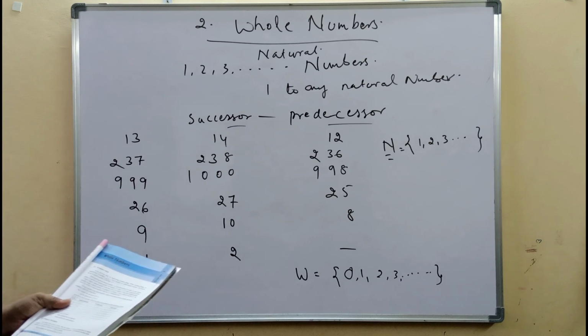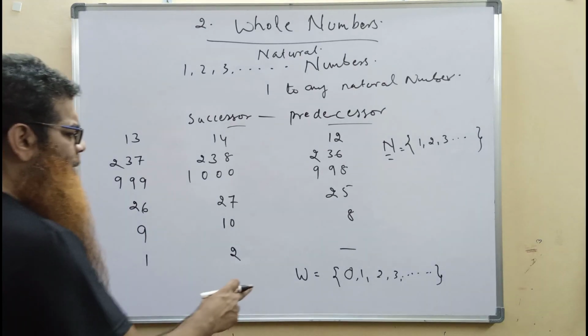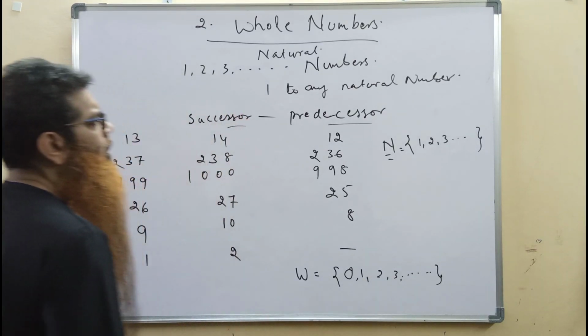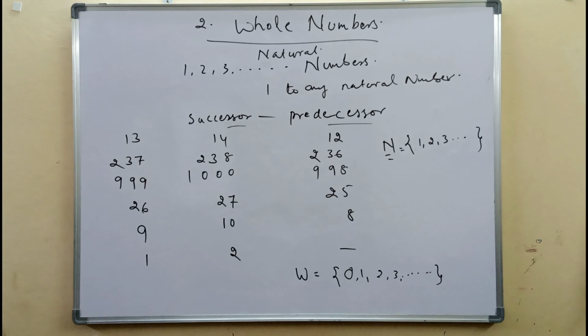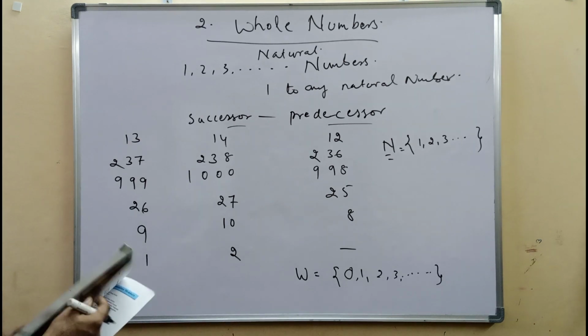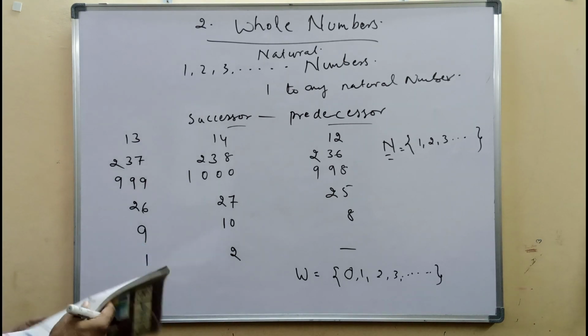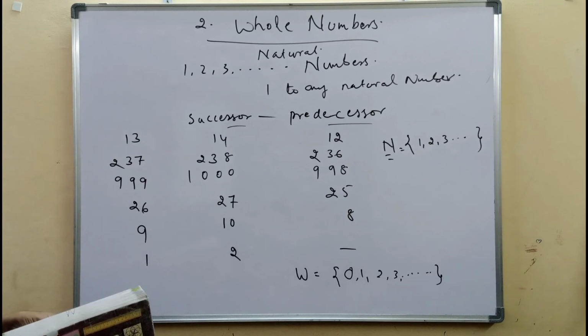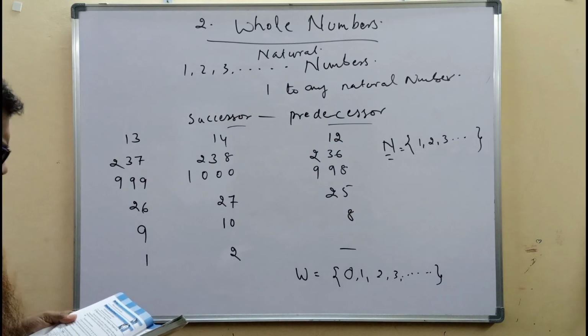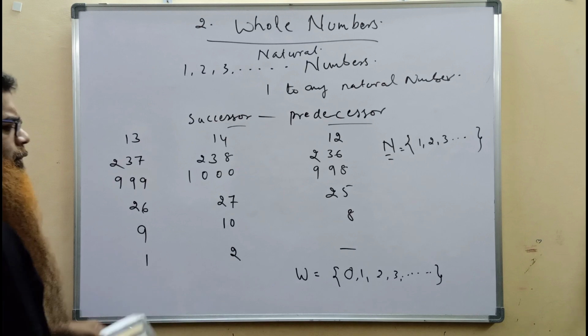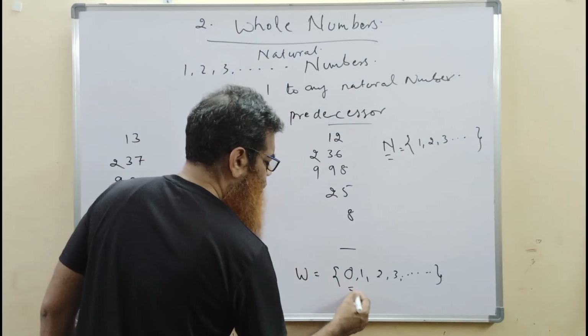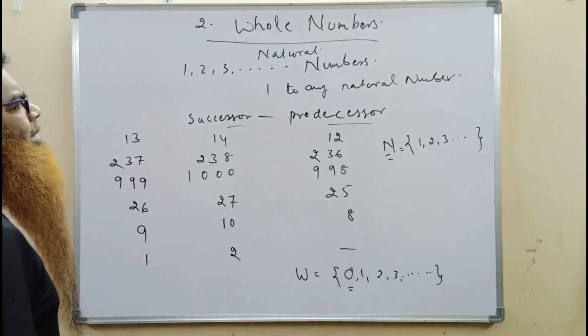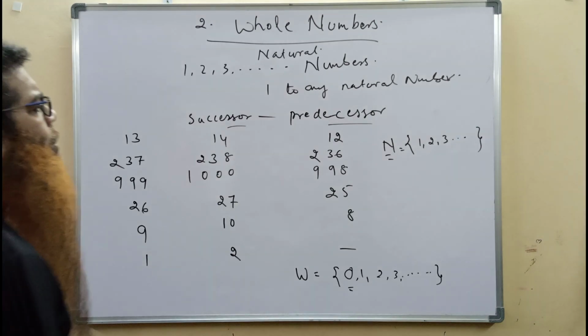Whole numbers are represented as follows. W is equal to 0, 1, 2, 3, 4, 5, 6, and so on. Turning to page number 16, which is the smallest whole number? You can see here the smallest whole number is 0, whereas the smallest natural number is 1.